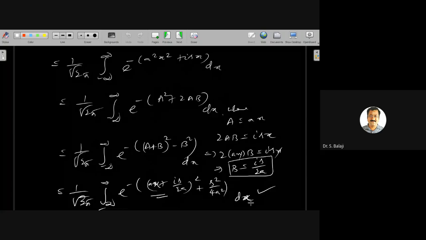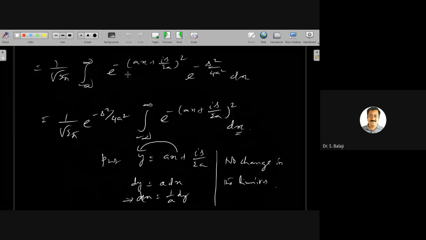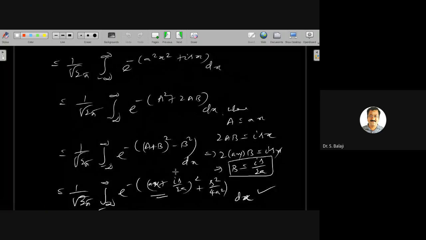Now you see the integration is with respect to x. Here x is involved, but in this part there is no x, so we take it outside. This part you can remove from the integration, as it is unnecessary inside it, when you split the exponential into an x part and an s part.